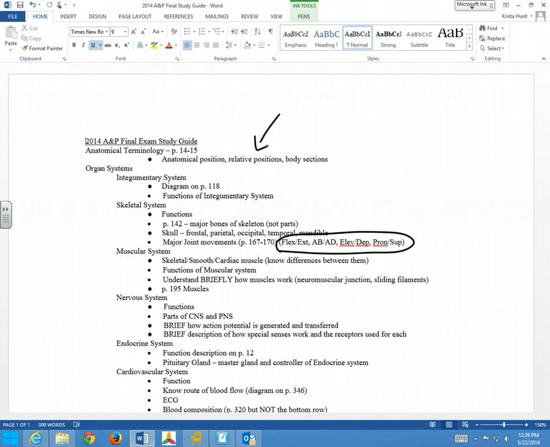So if I say to Andrew, which is more lateral, the radius or the ulna? Of course, he's in anatomical position. Radius. Radius is lateral, ulna is medial, right? Which is more distal, femur or tibia? Which is more distal? Further away.